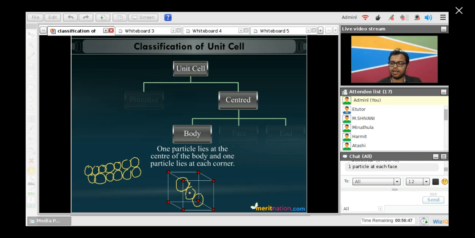If you extend the whole crystal, extending this unit cell in all other directions, you will observe that each of the atoms represented here will act as a body-centered atom for a particular unit cell. So every atom has a similar type of arrangement when we describe the lattice. Is it clear to you? Every atom has a similar arrangement around it, right?